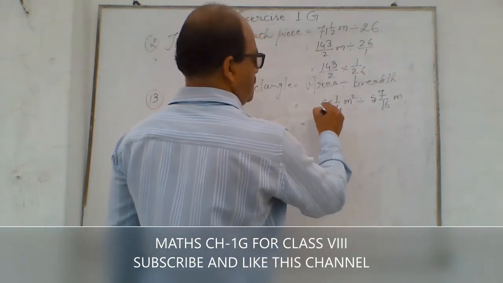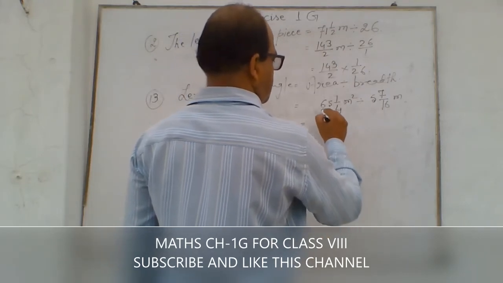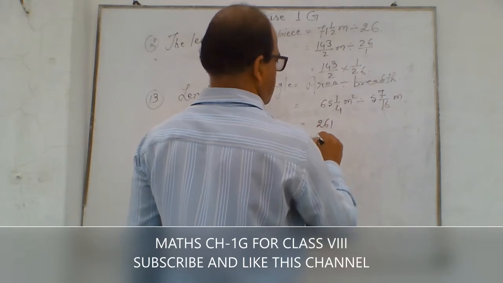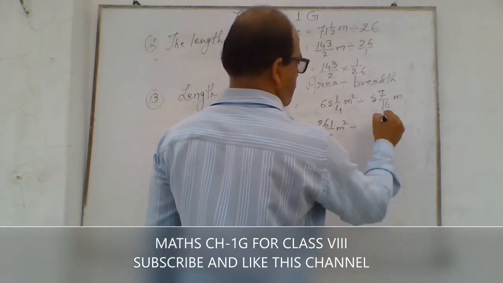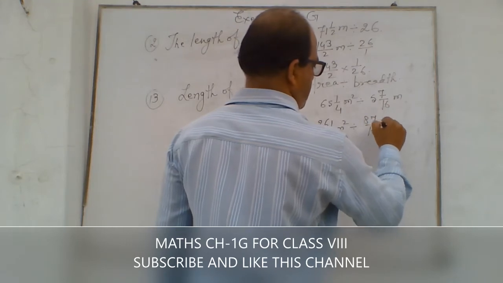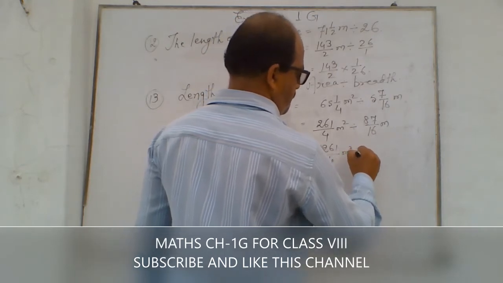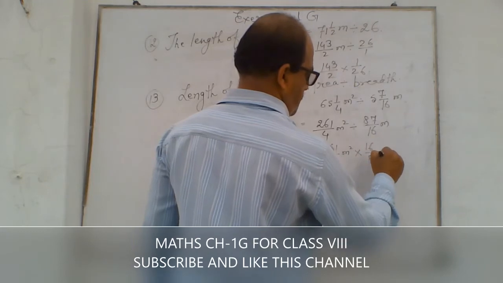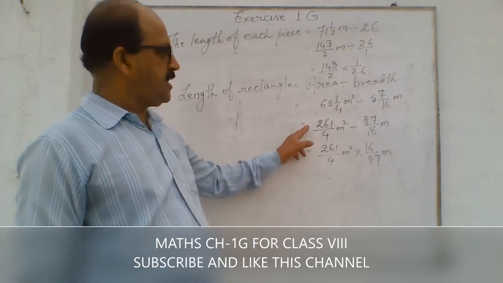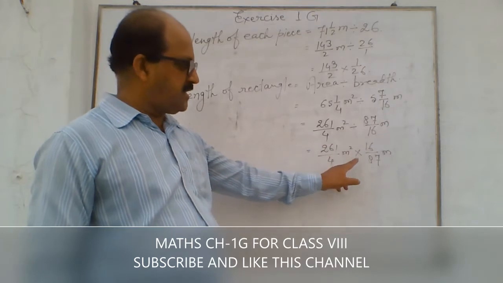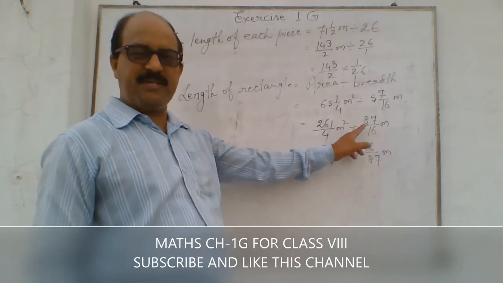So these mixed fractions will change into improper fractions, and the division sign will change into multiplication, and this rational number will be written as the reciprocal.